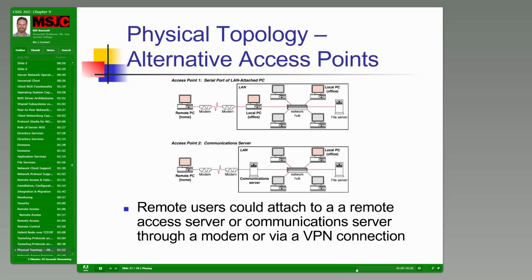In the second diagram, the only difference is that we actually have a dedicated communication server that provides that access to the local area network. And so you're going to get a little bit more sophistication, a little better security, more functionality and capabilities out of that particular communication server.